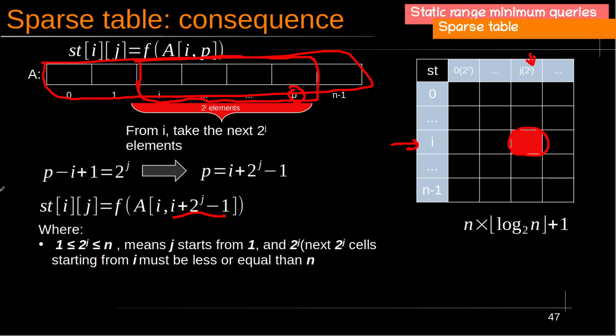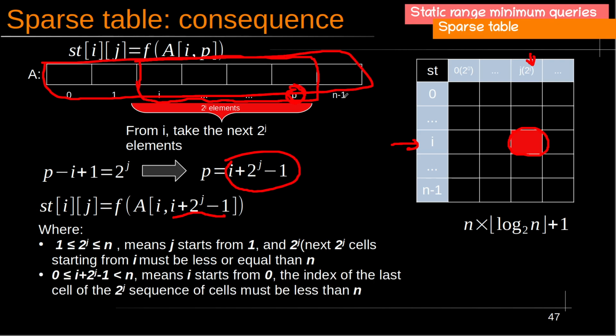And this position p must, of course, be between 0 and n minus 1 inclusive. So i plus 2 power j minus 1 must be greater than or equal to 0, but less than n, which is less than or equal to n minus 1.